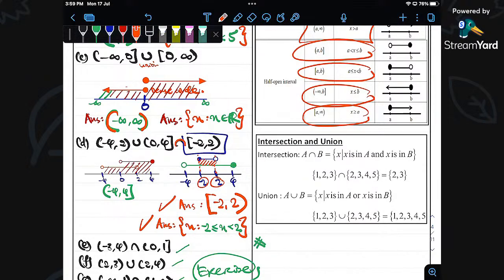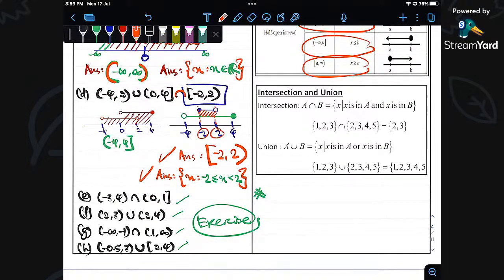And now we can stop here. These exercises will be used in the tutorial lesson at the second hour. Okay, tutorial hour yang kedua.